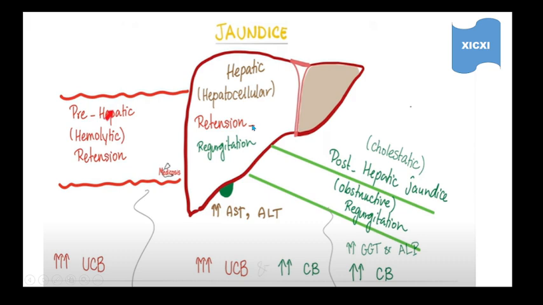There is no formation of conjugated bilirubin and no way to secrete it, so it leaks out into the blood, and we see a high amount of unconjugated bilirubin in our blood circulation.